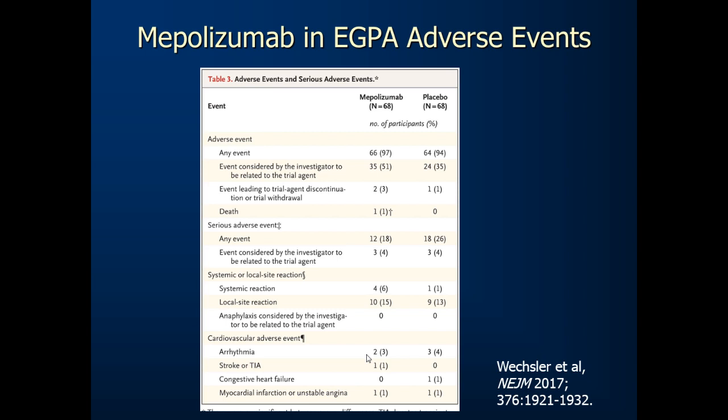All right. So adverse events. Actually, patients did fairly well in this study. There really wasn't a difference between the mepolizumab and the placebo group in terms of cardiovascular events or other serious adverse events.